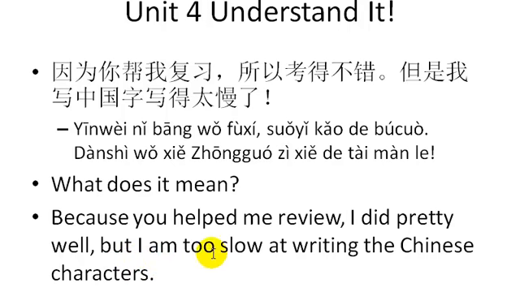But I am too slow at writing the Chinese characters. 但是我写中国字写得太慢了. Now, here's where word order is just all out of whack. I am too slow at writing Chinese characters. And in Chinese, the way of expressing it is, but I write Chinese characters write slowly. So very different word order.